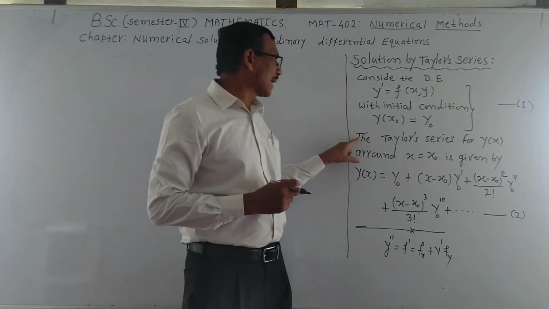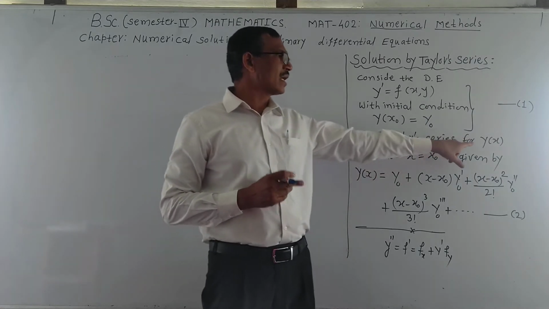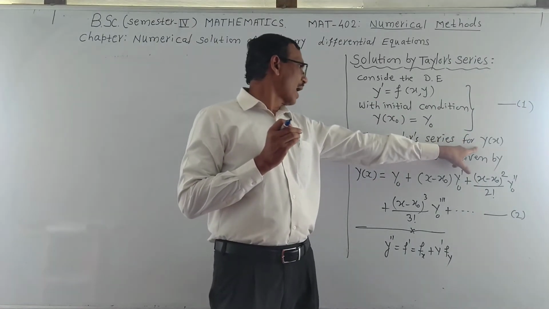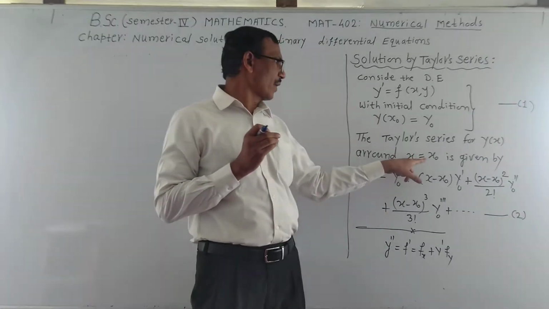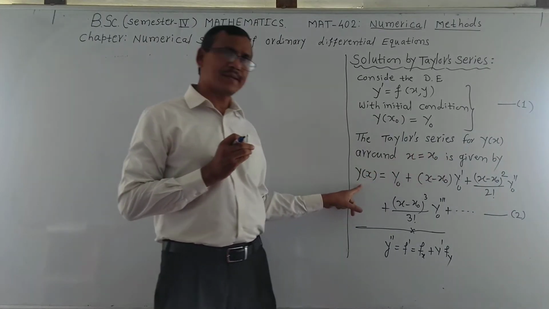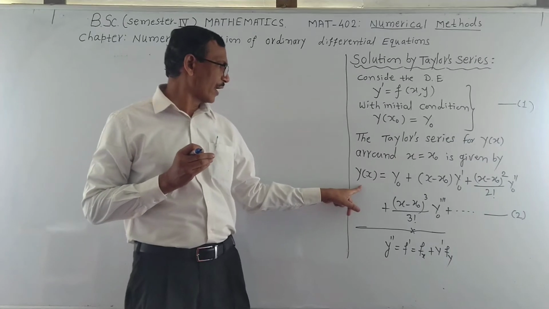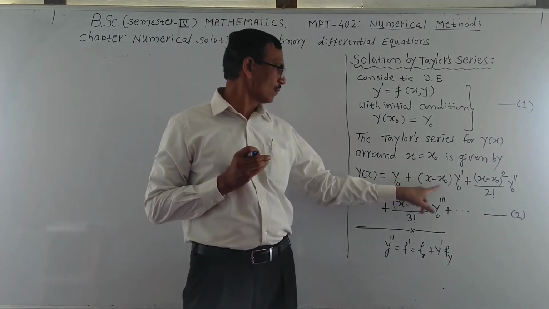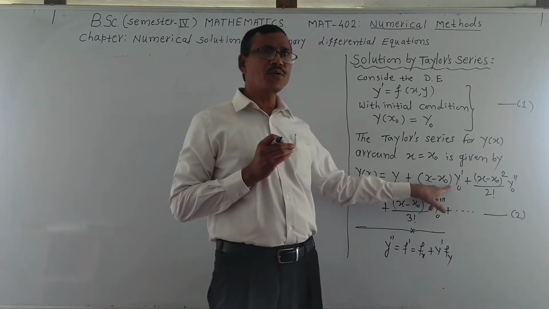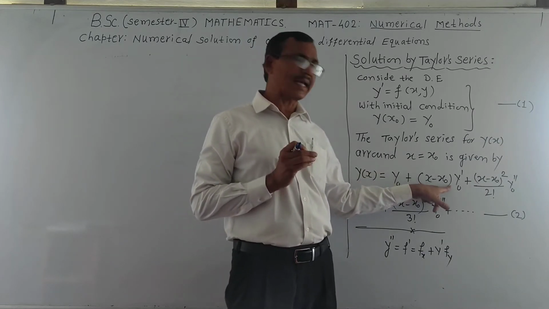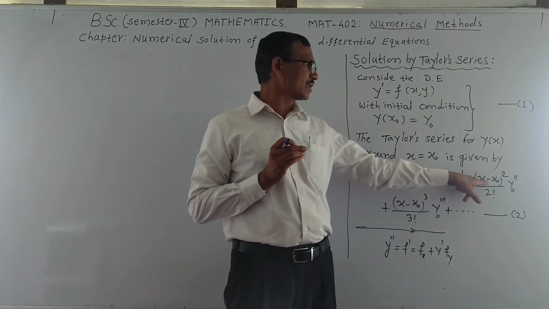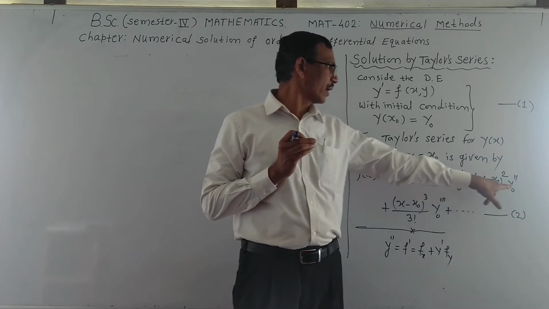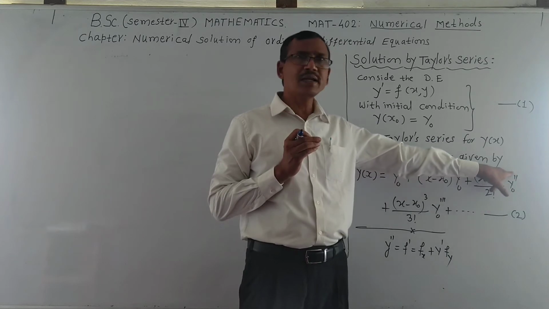Now the Taylor series for the function f of x, here f of x is y of x, around x is equal to x0 is given by y of x is equal to y0 plus x minus x0 into y0 dash plus x minus x0 whole square upon 2 factorial into y0 double dash.